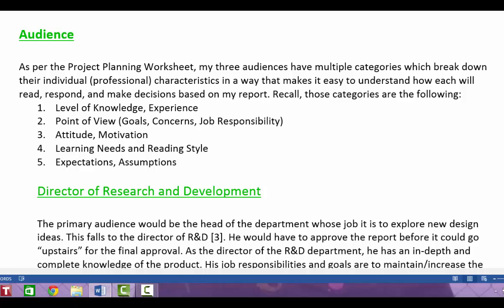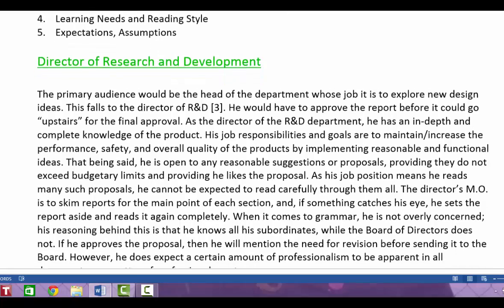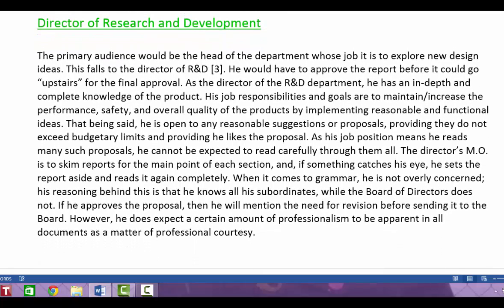His primary audience he has determined as the Director of Research and Development for Kawasaki Motors. He discusses who this audience is, what the audience's learning needs are, etc., using the information from the audience profile sheet and the project planning worksheets.